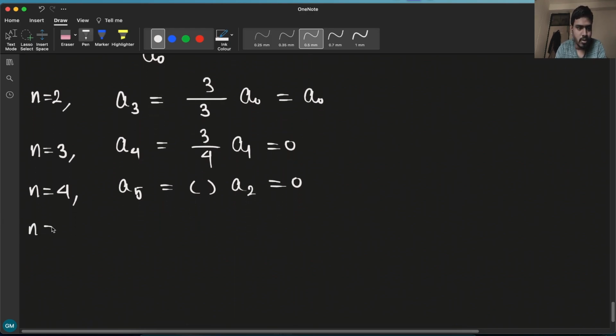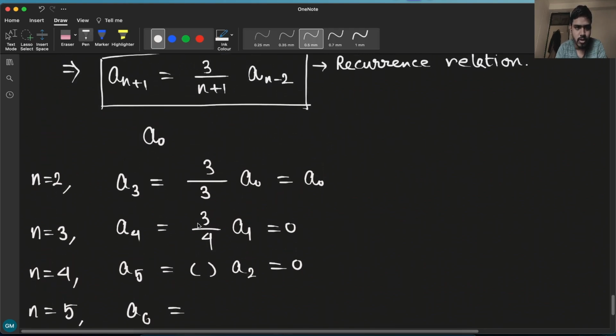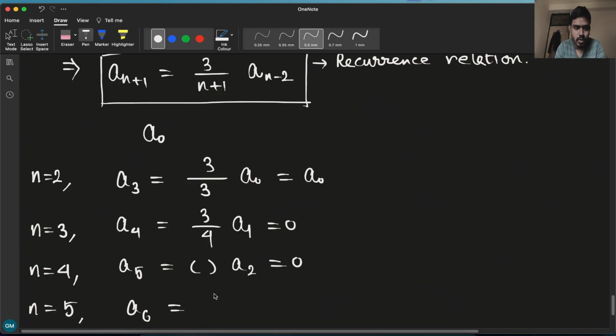Then if I put n equals 5, using the recurrence relation we will get a6 equals 3 divided by 6 times a3, which equals 1 by 2 times a3. And a3 equals a0, so a6 equals a0 by 2 factorial.